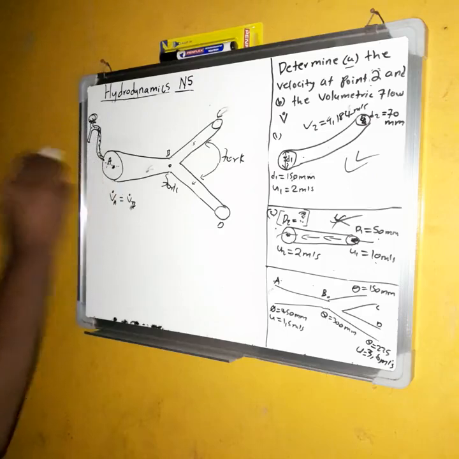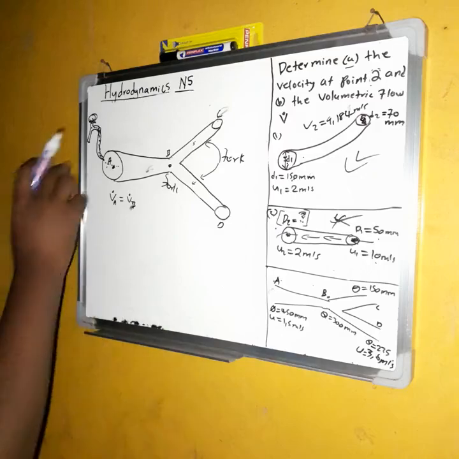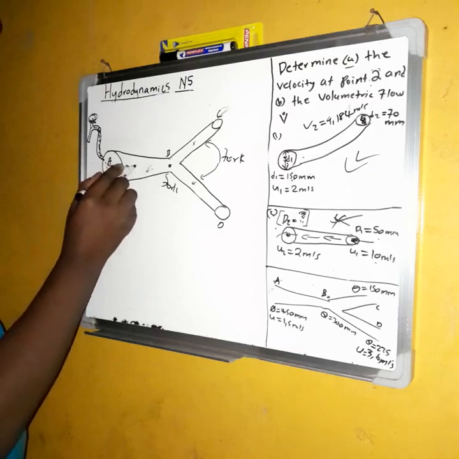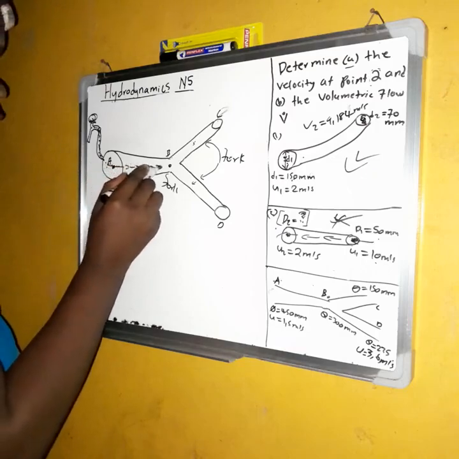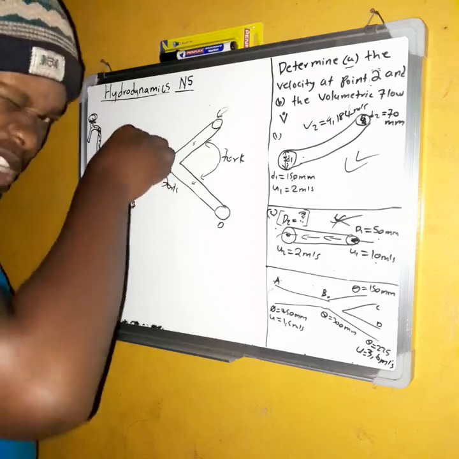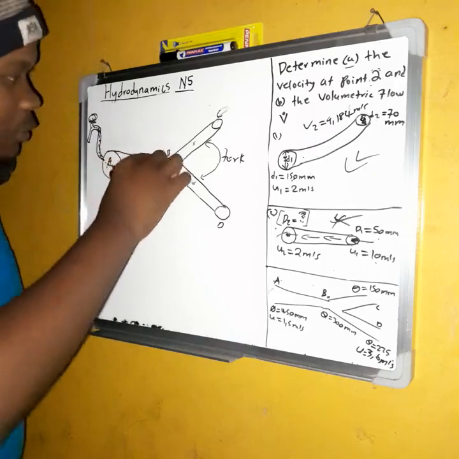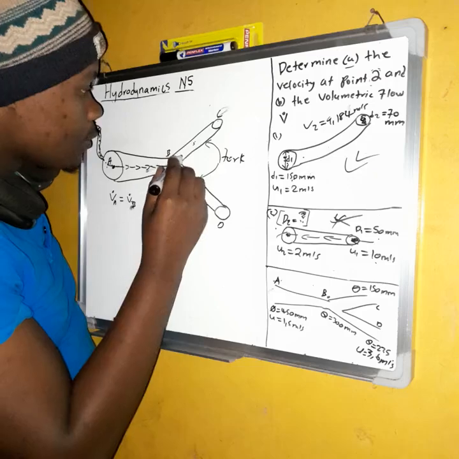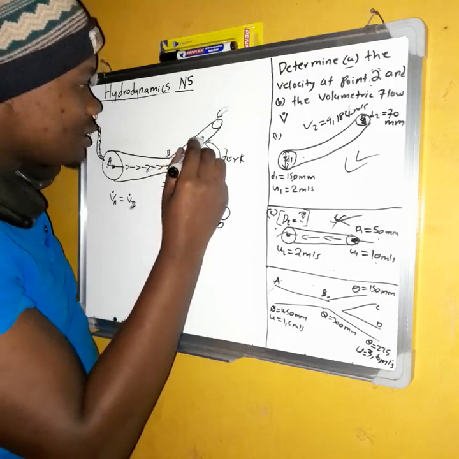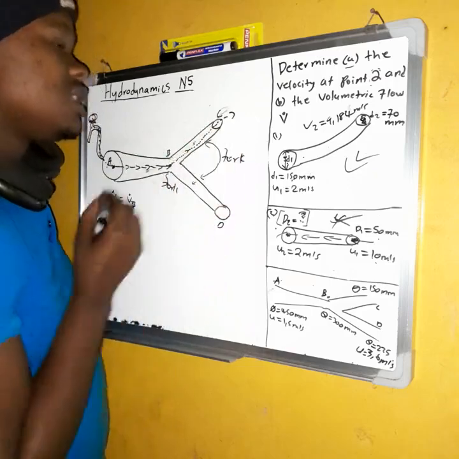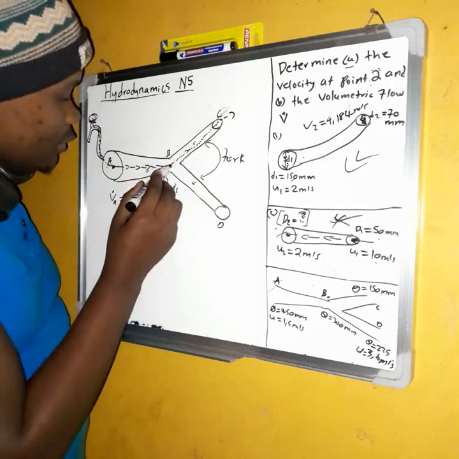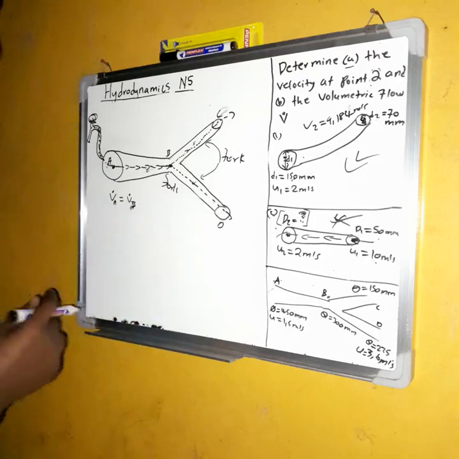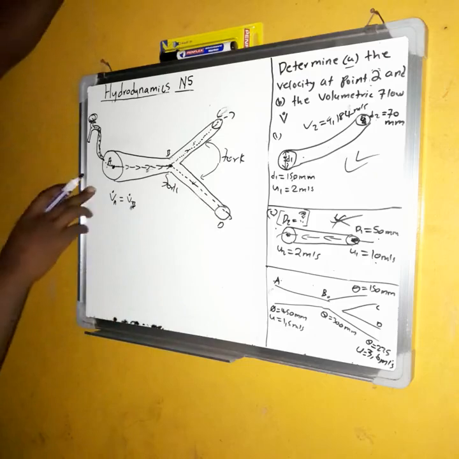This water enters this pipe and will move in this direction. When the water reaches point B, see what will happen. Some water will flow in this direction, will split, and discharge at C, and some other water will discharge at D.